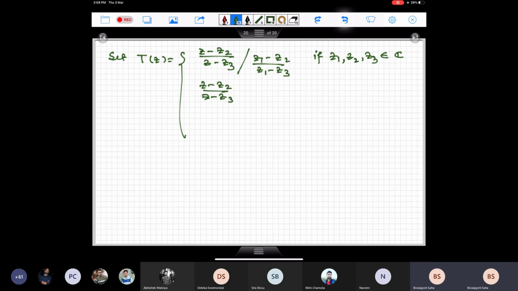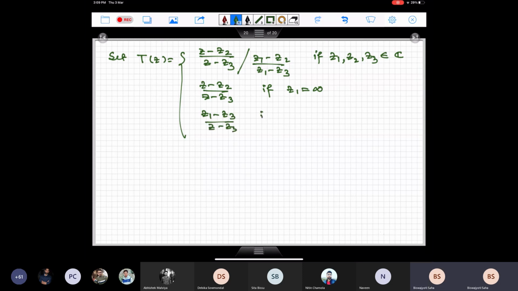If Z1 is infinity in this case, this comes out in the form infinity by infinity, of course the coefficient is 1 by 1, so therefore at infinity the value is going to be equal to 1. That was our goal anyway. And now let's say I need to find 0 at infinity. So how can I get 0 at infinity? For that, I consider this point (Z1 minus Z3) divided by (Z minus Z3).